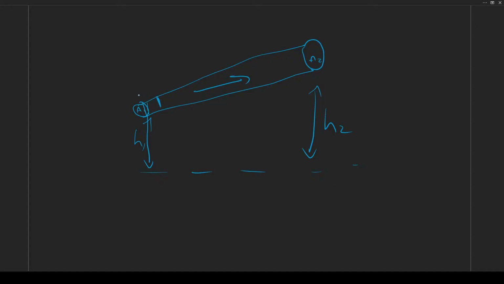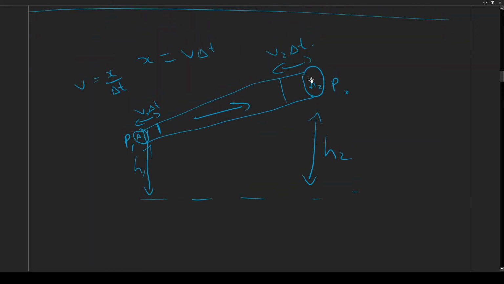Now, if we consider this distance to be v delta t, which we got from velocity equals distance per time, then here it is v1 delta t for the small distance covered. Here we take it as v2 delta t. And there are pressures P1, P2 at these two areas.